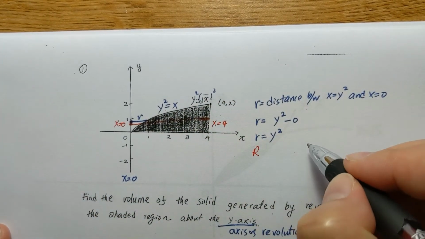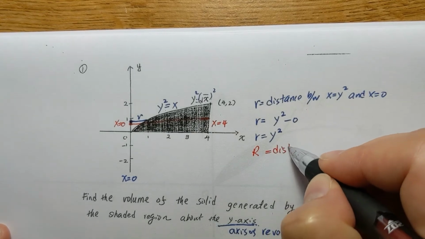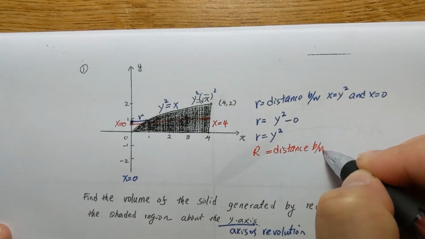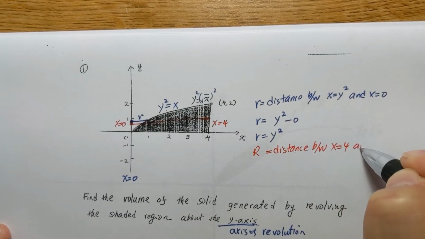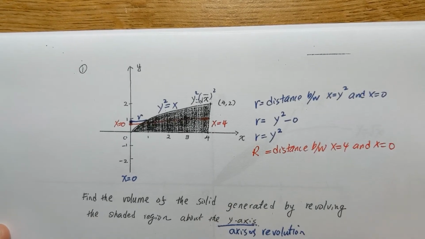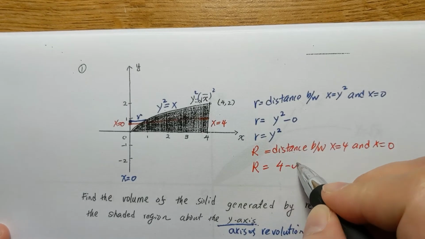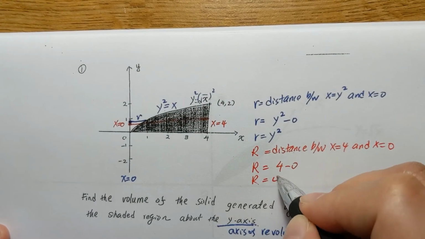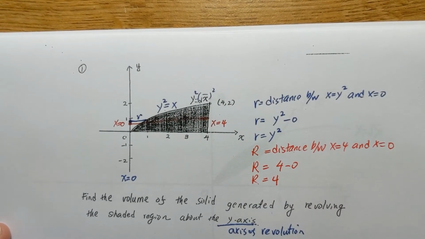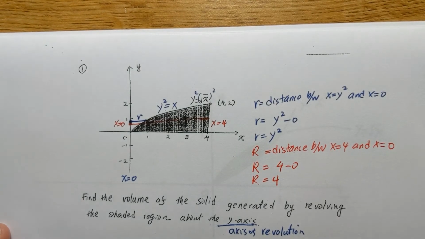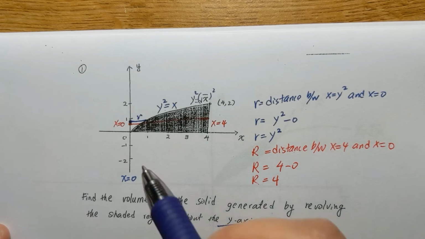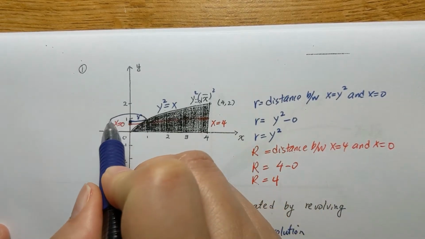So the big radius is going to be the distance between x equal 4 and x equal to 0. So the big radius is going to be 4 minus 0. The x cancel out. So the big radius is 4. So we found the big radius and the small radius. Now we're going to draw one cross section. So this time it looks like this.